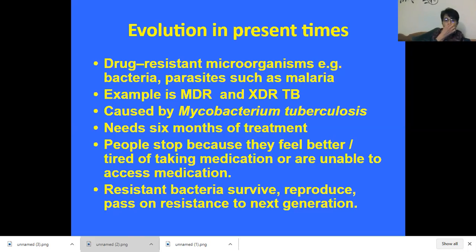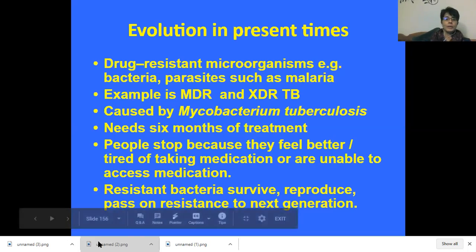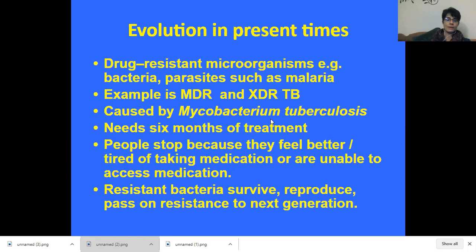Okay, so we know that TB is caused by Mycobacterium, a type of bacterium that you learned about in grade 11. All right. It needs 6 months of treatment, but then sometimes people feel better and then they don't take the medication. They stop the medication because of the side effects, or else they can't get to the clinic.